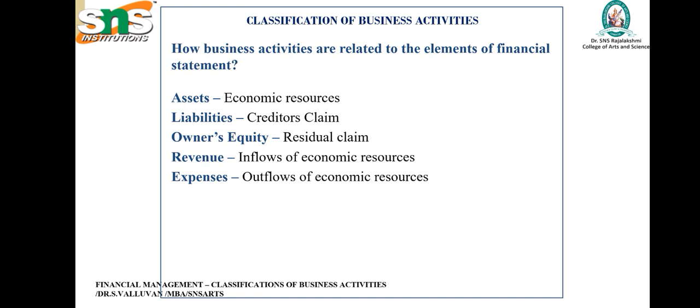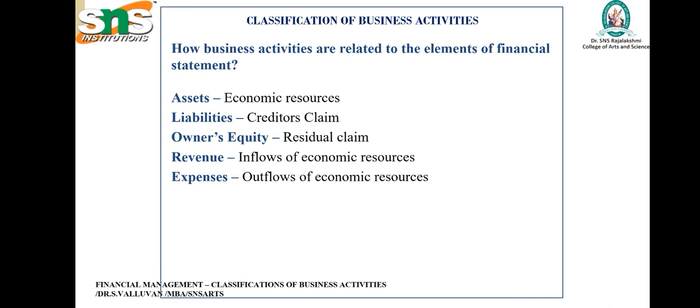Then investment activities. These investment activities can be related with the balance sheet, the asset side of the balance sheet of the company, because as we saw earlier, investment activities include buying and selling of property, plant and equipment, investing in marketable securities, and proceeds from sale of marketable securities.